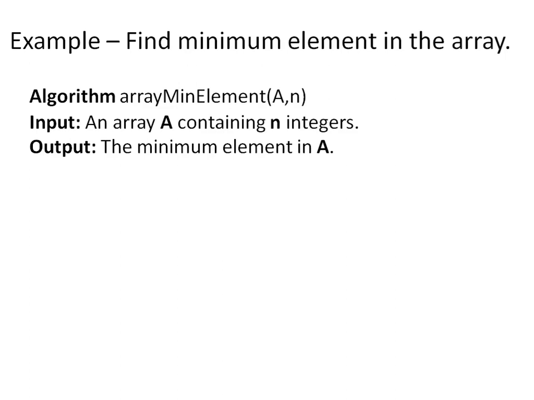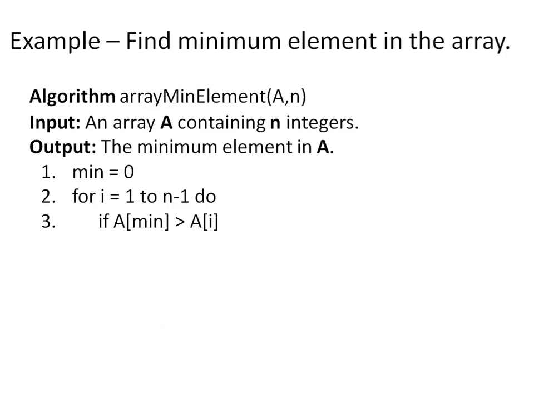The output will be the minimum element present in the array A. We have simply assumed that the element at index position 0 is minimum and thus initialized min to 0 at line 1. Then we iterate for the remaining array indices from 1 to n minus 1 using the loop at line number 2.